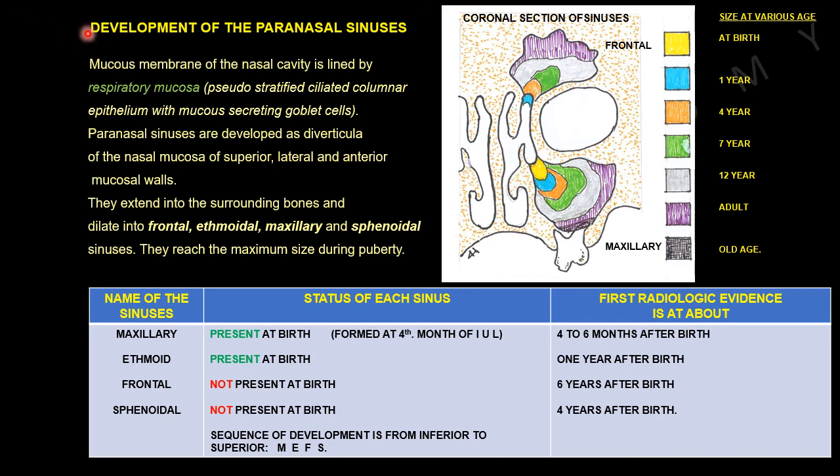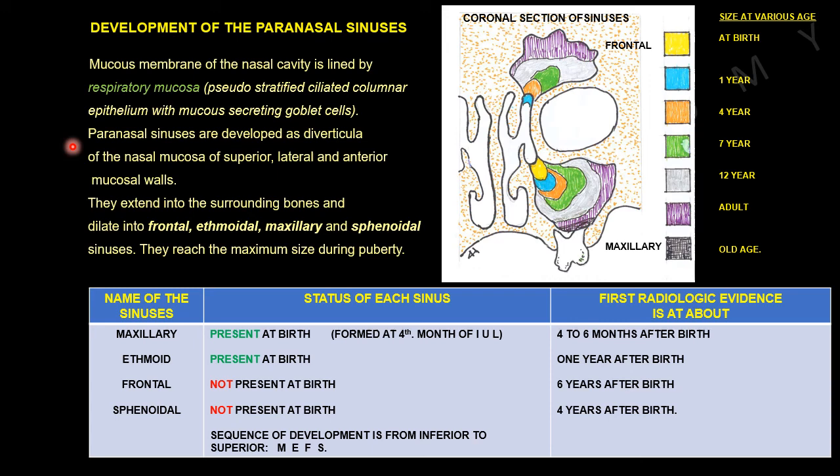Development of the paranasal sinuses. The mucous membrane of the nasal cavity is lined by respiratory mucosa, that is pseudo-stratified ciliated columnar epithelium with mucus-secreting goblet cells.